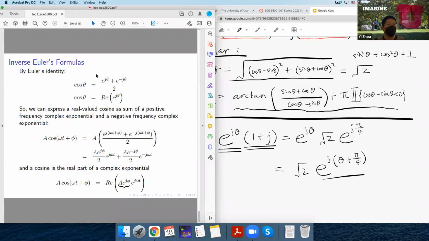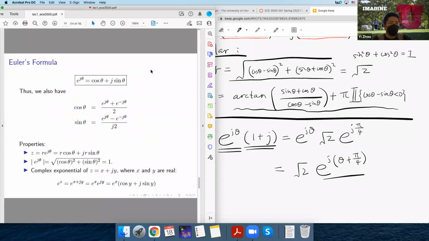So whenever you see a pair of these complex exponentials and they are conjugate with each other, always think of cosine or sine signals. Okay, that's the first lecture where we basically review all the complex numbers, properties of complex numbers. So are there any questions regarding the complex numbers?